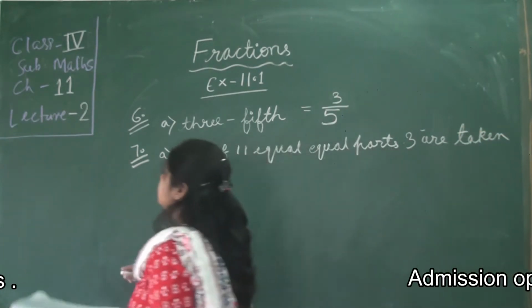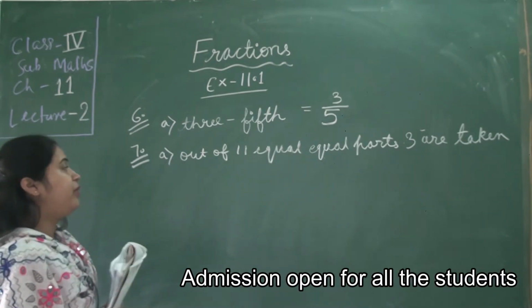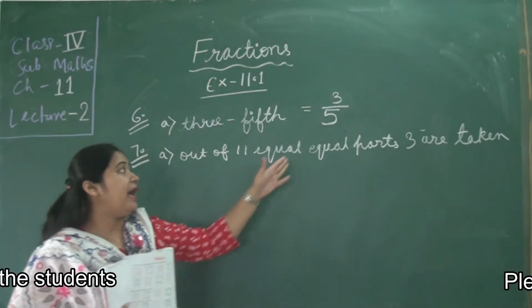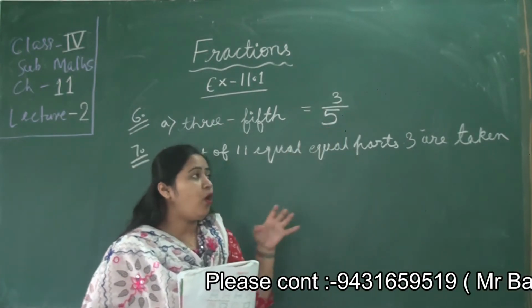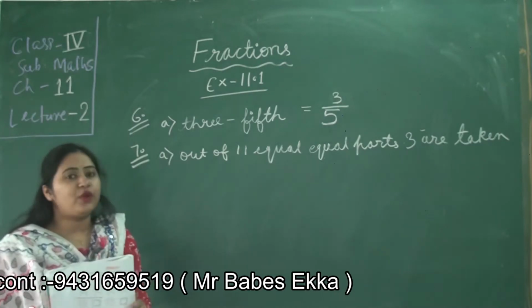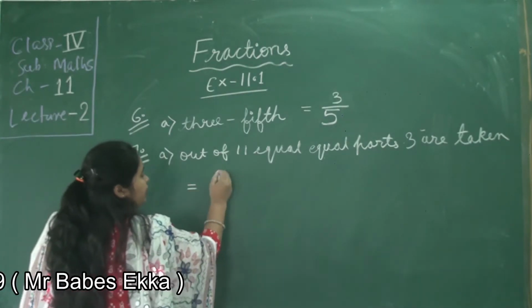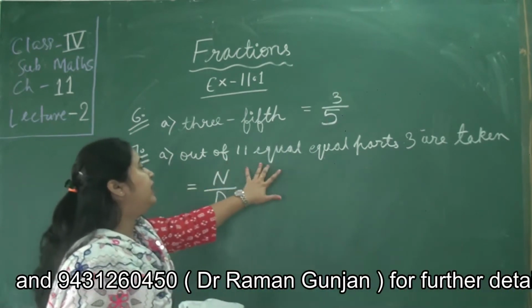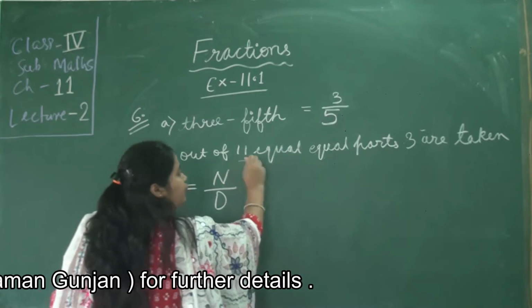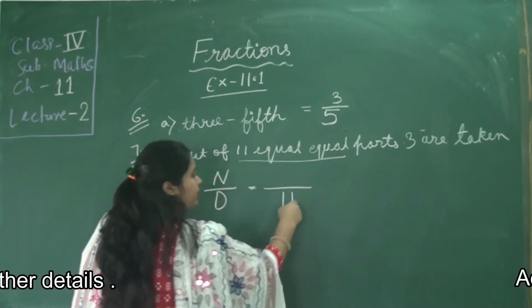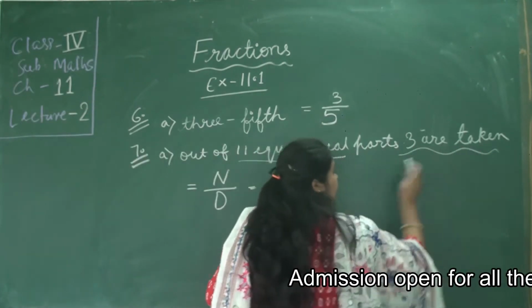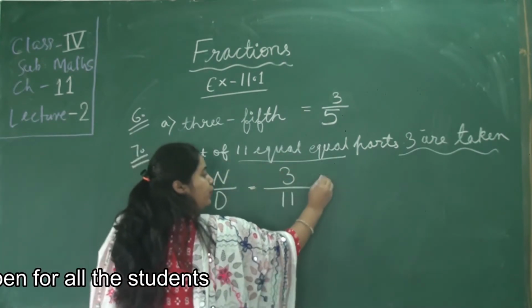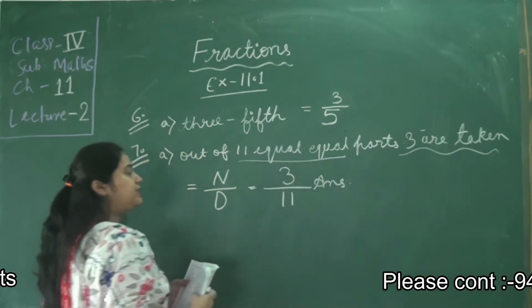When we learned about fractions, we learned that the numerator represents how many parts are shaded, and the denominator represents the total number of equal parts. So fraction is equal to numerator by denominator. There are a total of 11 equal parts, so 11 is the denominator, and 3 parts are taken. Out of 11 equal parts, we have taken 3 parts, so we will write 3 in the numerator. In this way we will write our fraction.